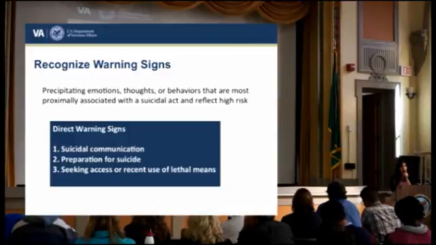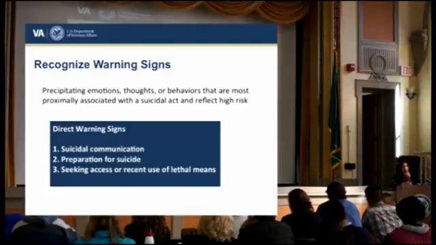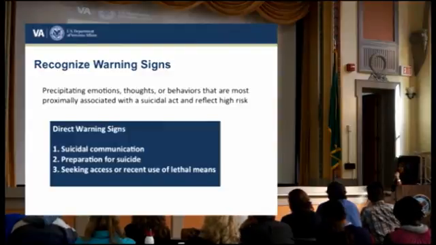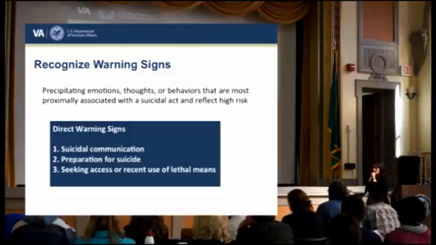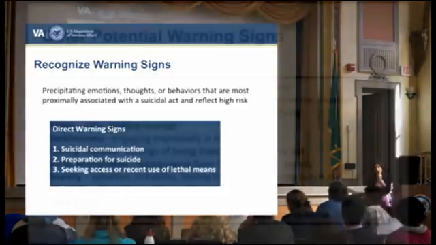Preparing, actually engaging in behaviors that are consistent with their plan, or may not be consistent with the plan they're stating, but give some indication that they're getting ready to engage in behavior. And seeking access to other means of harming themselves.